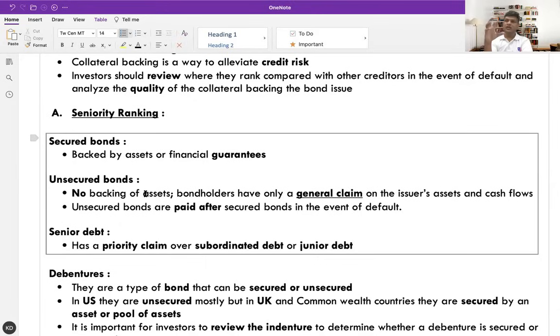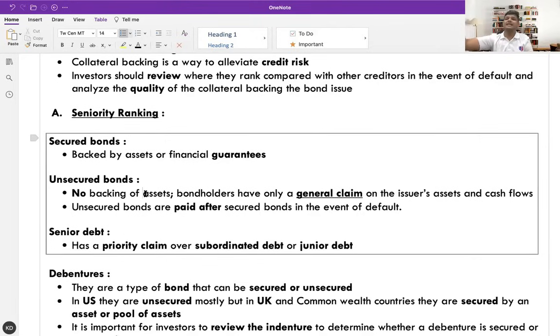Then assume that $500 million is left with the company. Then all other bondholders will get a share from this $500 million. Clear?